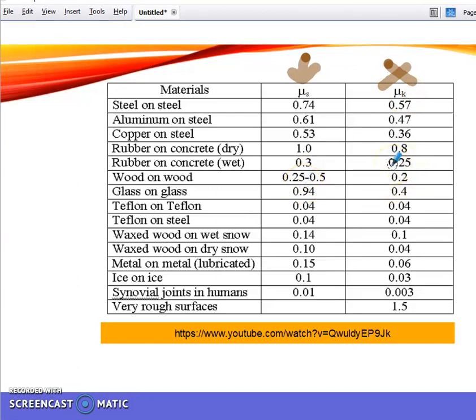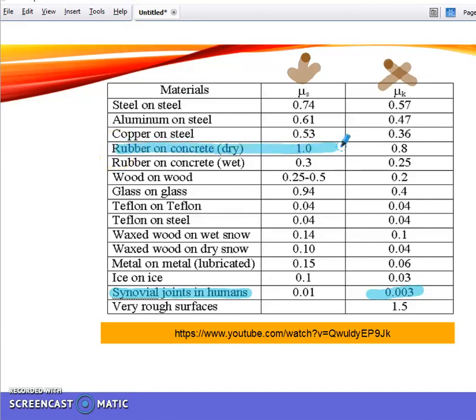So you're not going to have to memorize any of these. You're not going to have to write any of them down. But do take note that most of these range from really low numbers, for instance 0.003, and this is in your joints, like your shoulders or your hips, very low friction, all the way up to 1 rubber on concrete.